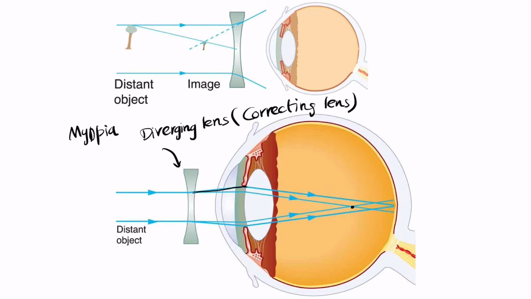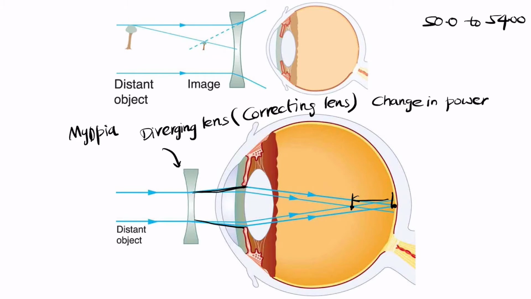So this is the lens that corrects the change in the length of the eye or the change in the flexibility of the lens. Rather than forming the image in front, it refracts the light rays a little differently and causes the image to form right on the retina. This distance change can be calculated as a change in power. Remember that I told you your eye has a value of 50 to 54.